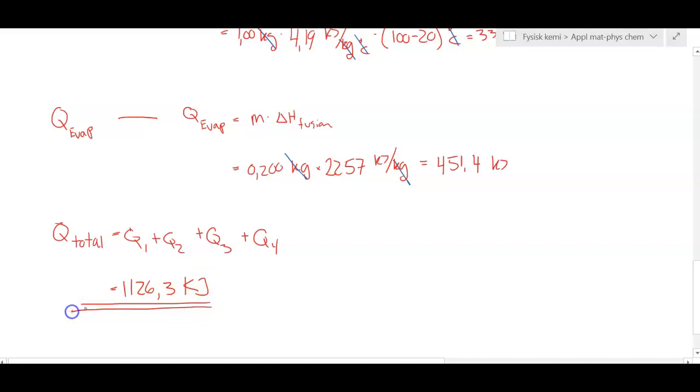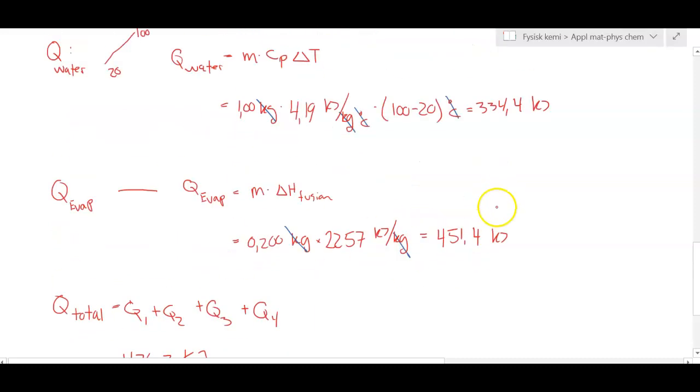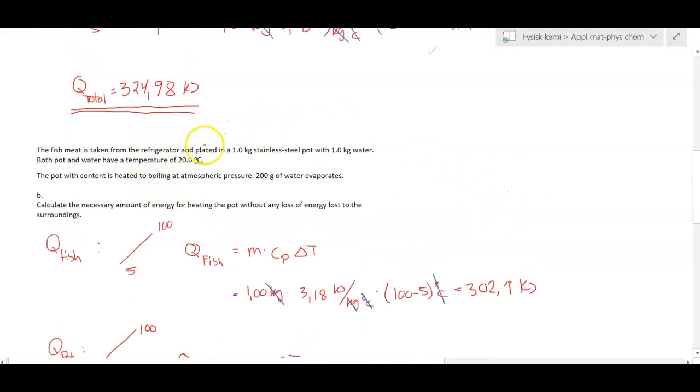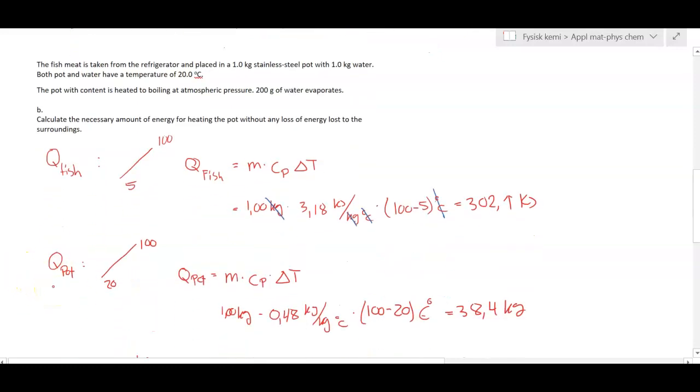So the strategy for this kind of exercise is to analyze the text, make sure that you note the right amounts in kilos, the temperature changes, if there are some special things to note, for example, is some of the water evaporating, and then break it down to distinct individual processes that you evaluate one at a time.